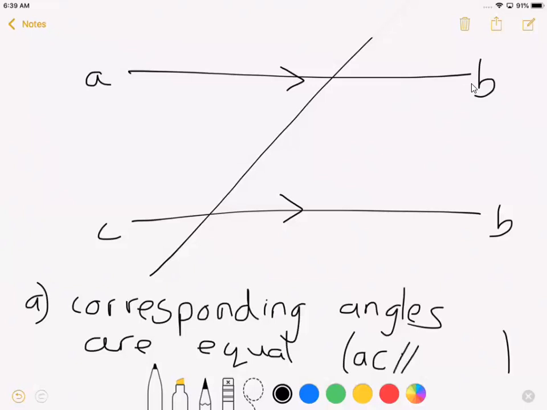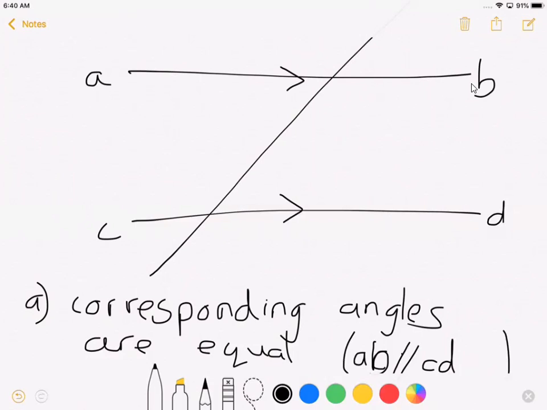This is the sign that you use to write parallel. In other words, you are saying corresponding angles are equal because line AB is parallel to CD. Therefore, corresponding angles are equal. If there are no parallel lines, you have to be careful: corresponding angles are not equal.